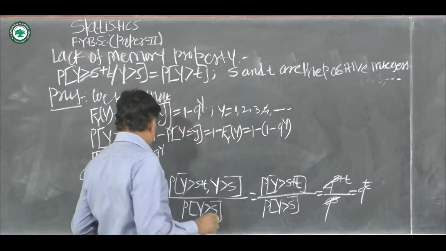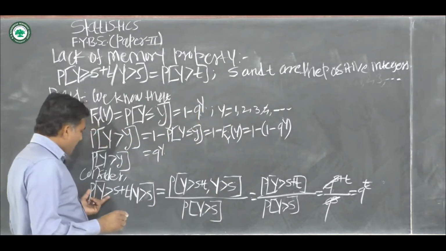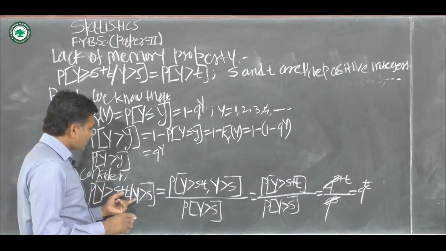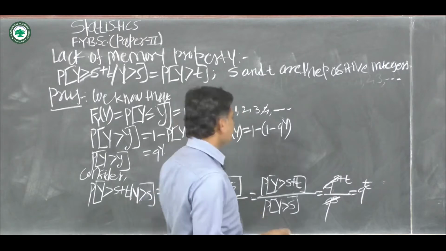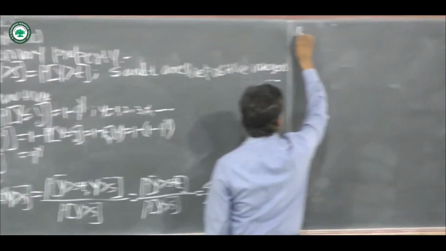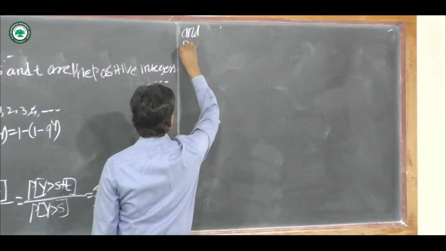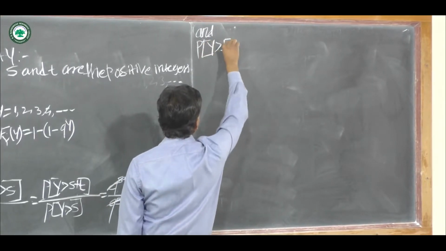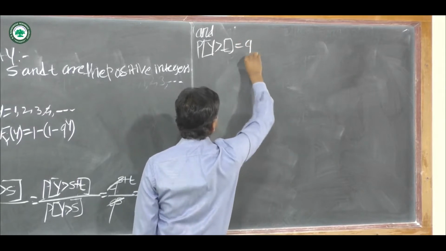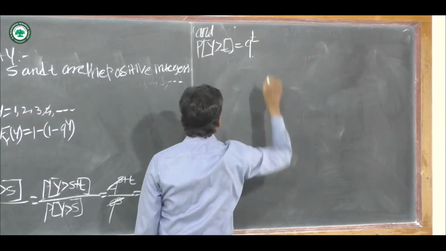Okay, this is the probability of Y greater than s plus t given Y greater than s, which is equal to q raised to t, and probability of Y greater than t is equal to q raised to t.